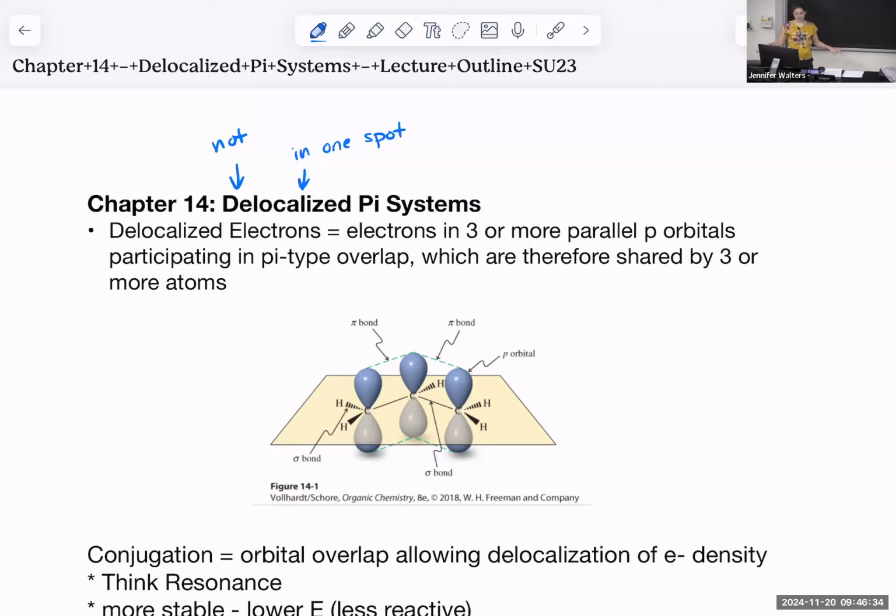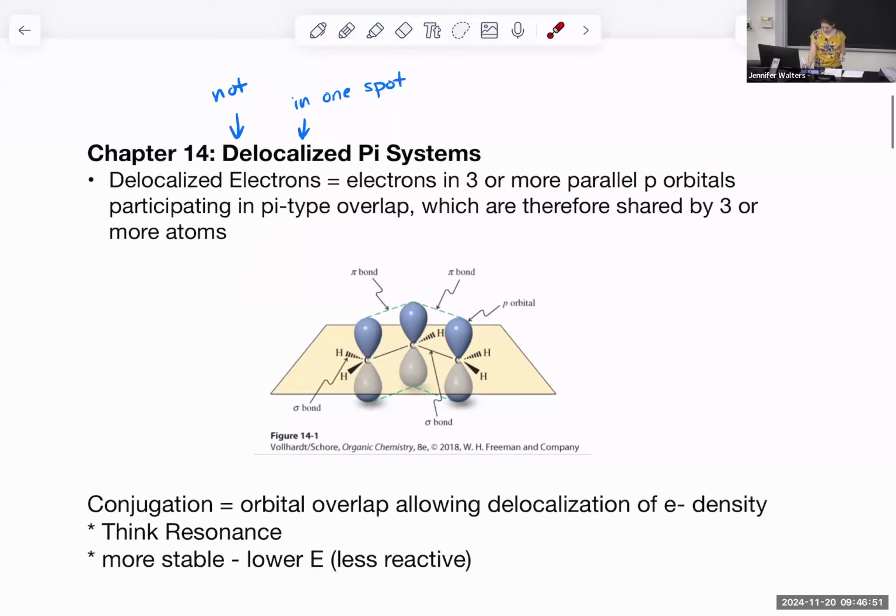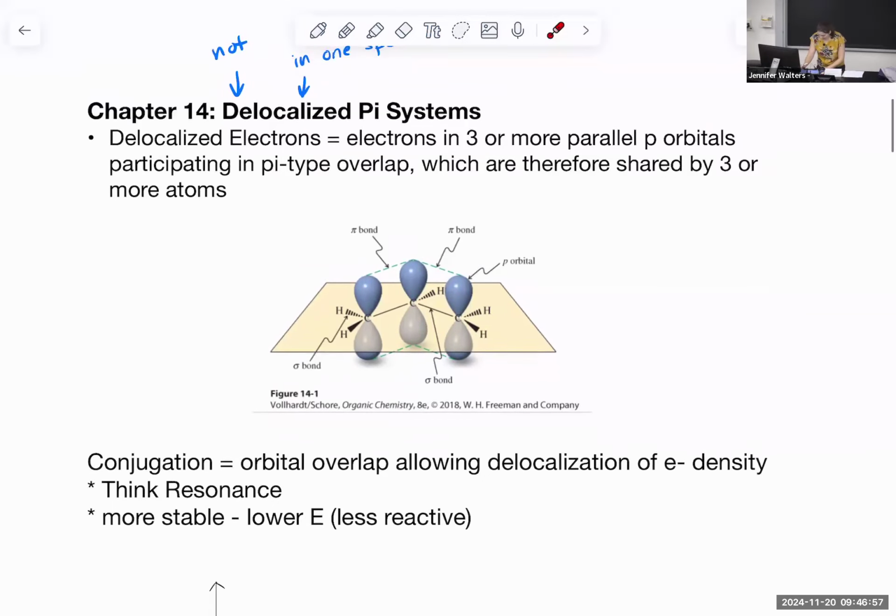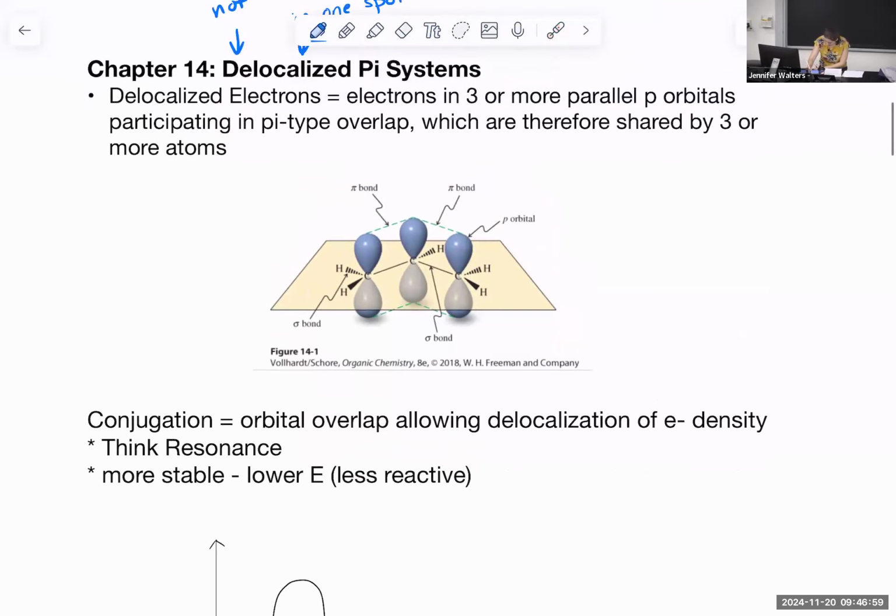It's our conjugation. So delocalized electrons are the electrons in 3 or more parallel p orbitals, because it's always got to be through those p orbitals, that are participating in some sort of pi type overlap, just meaning that they're parallel. It's redundant. And therefore, they're shared by at least 3 atoms. So it's where we get these parallel pi bonds, and it's where we're thinking resonance, right?